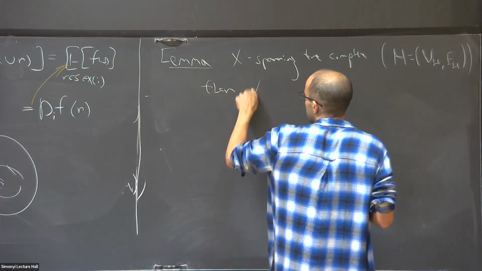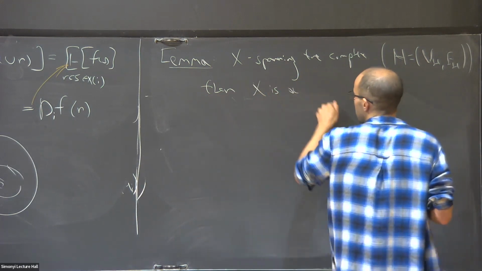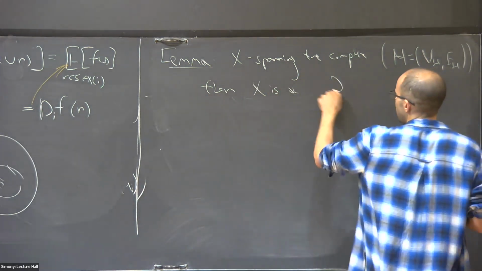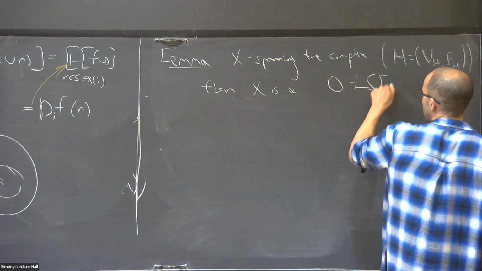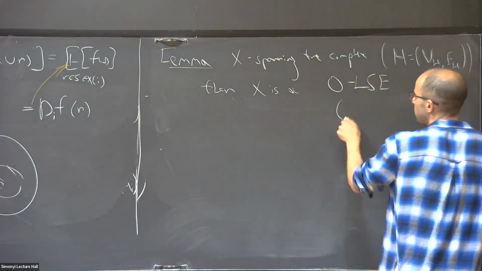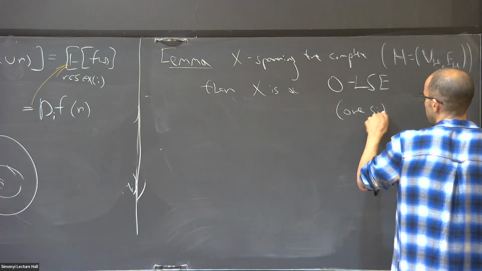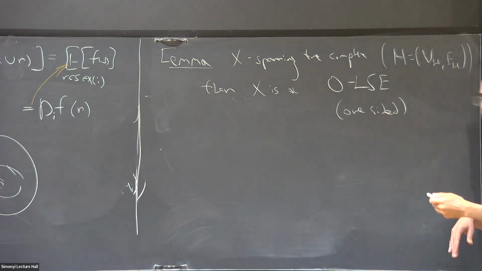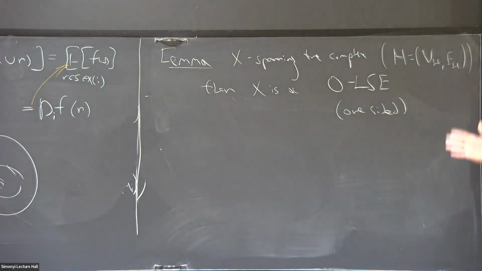Then X is a lambda equals 0 LSE, but in the one-sided definition, where you don't bound things in the spectral norm, you only bound one side of the spectrum.